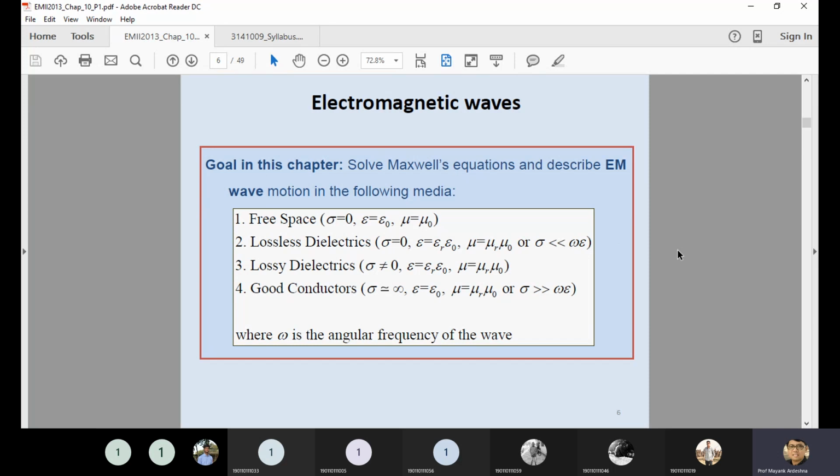Any kind of dielectric may be lossless as well as lossy, like glass, epoxy, FR4. These are different examples of dielectrics, where the electrical properties may change slightly, because you also have to find the relative permittivity and permeability, epsilon r and mu r. For a good conductor, conductivity should be infinite, but your mu parameter is mu r into mu 0.